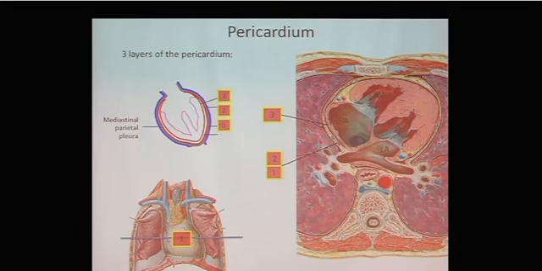Another name for the visceral serous pericardium is epicardium. And then you can see the space in between, the pericardial cavity. So you can see how if the heart were to move, beat, get bigger, smaller, it could be accommodated and allowed to move by virtue of the fact that there's fluid in between the two layers of serous pericardium.